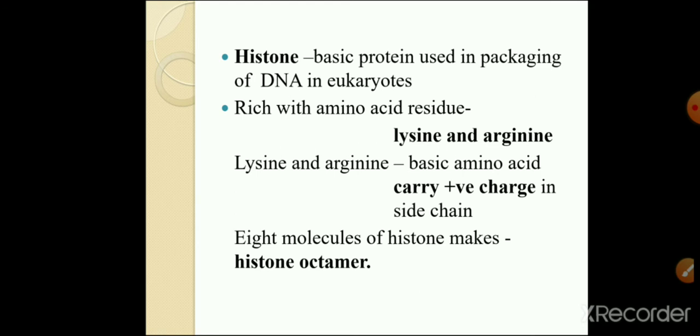Both these amino acid residues are basic amino acids and carry a positive charge. So, histones are a set of positively charged basic proteins. These histones organize themselves to make a unit of 8 molecules known as histone octamer.